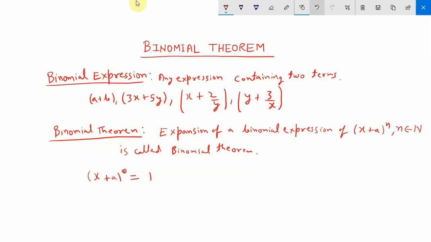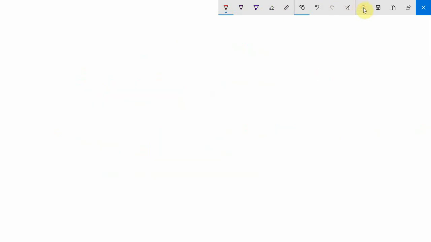If the indices are lesser, x plus a to the power 0, we know it will be equal to 1. If x plus a to the power 1, we can write it easily as x plus a.